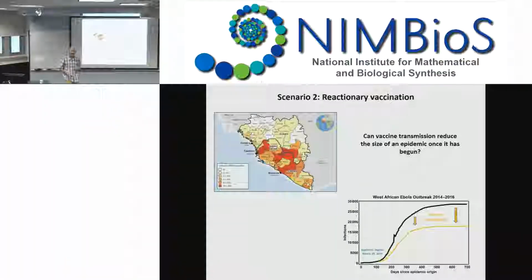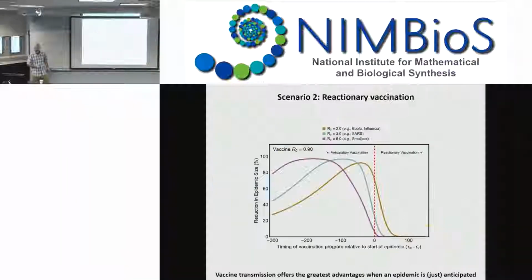Okay. So that was the second sort of way we wanted to approach this problem. And what we ultimately ended up doing here is relying more on numerical solutions. Specifically, we generalized this problem to arbitrary time points of vaccination initiation, okay?